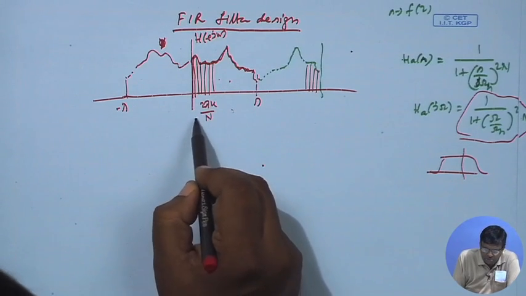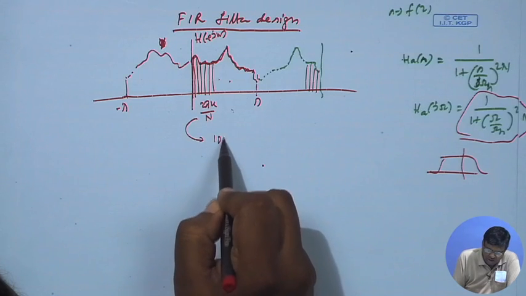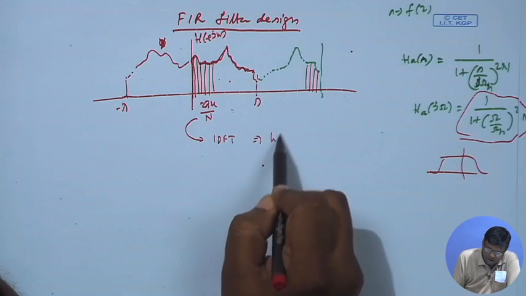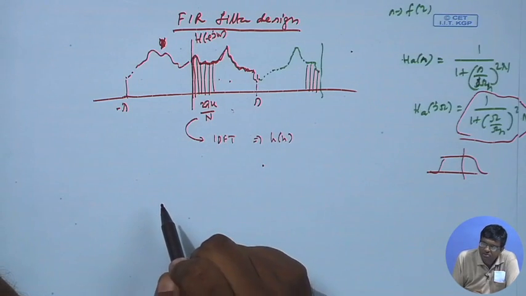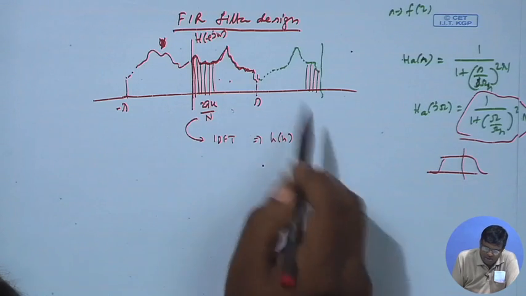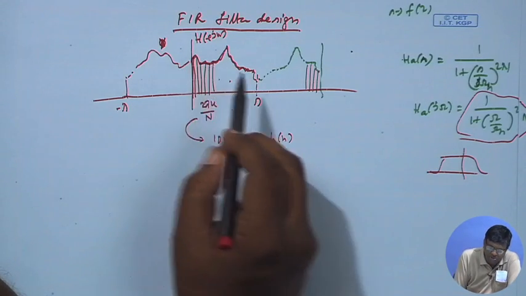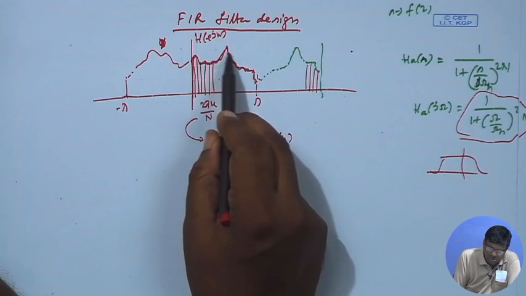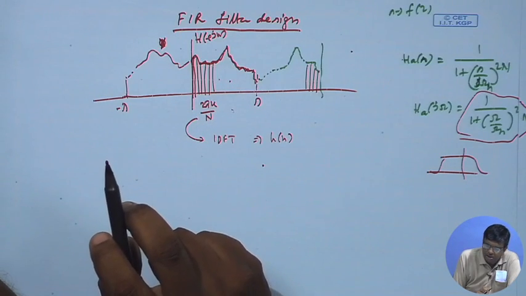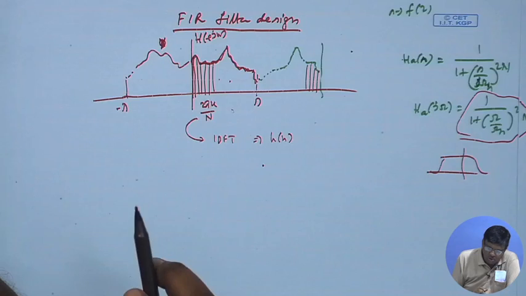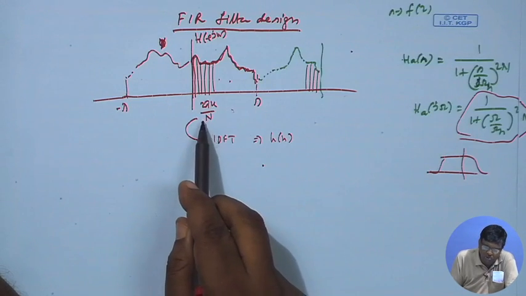Then, if I take the corresponding inverse DFT, I get the FIR filter h[n]. If these are very close to each other, the response of this h[n] will be almost like this.